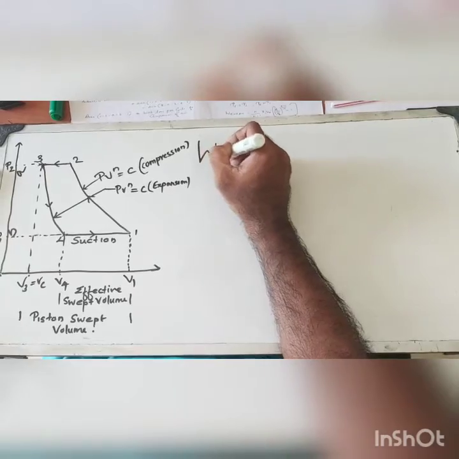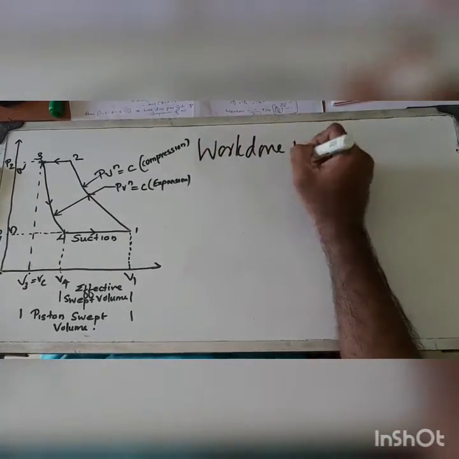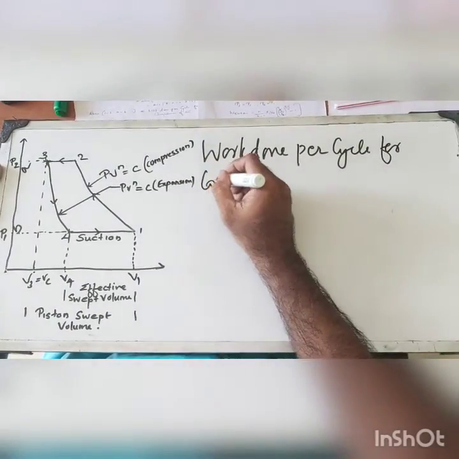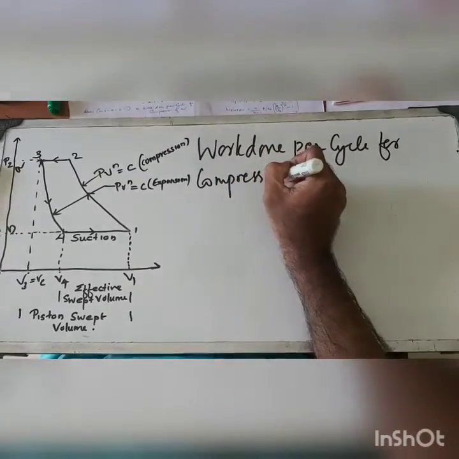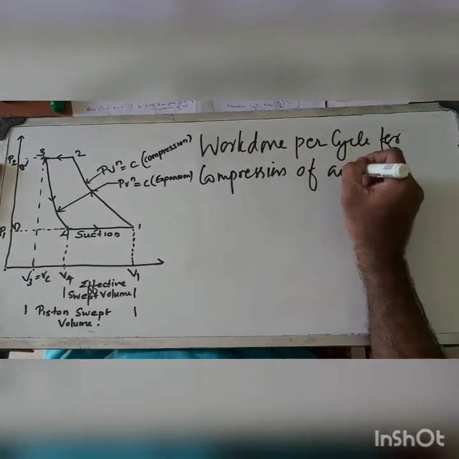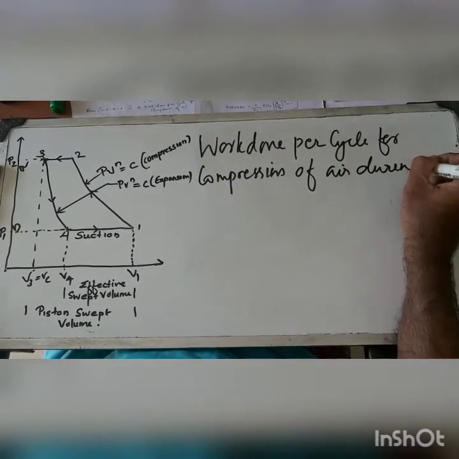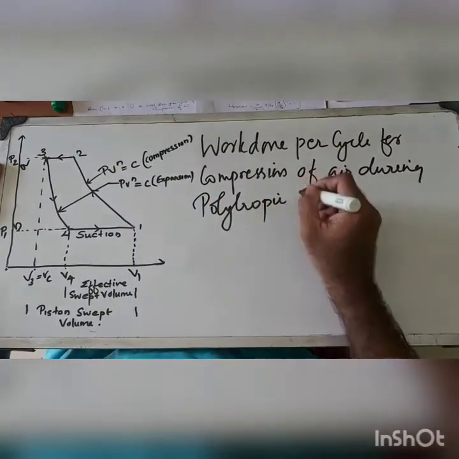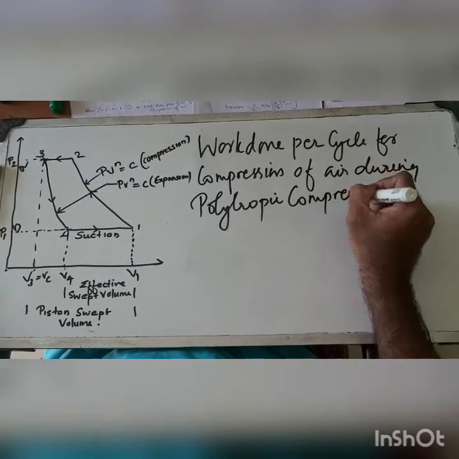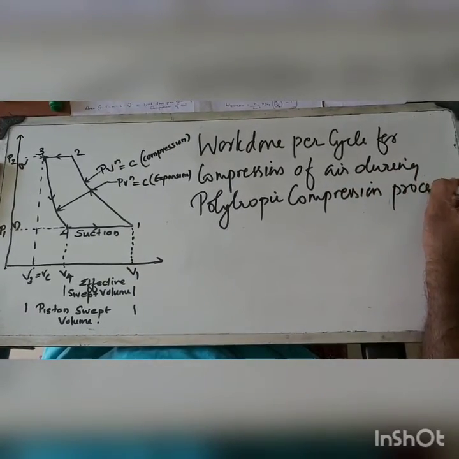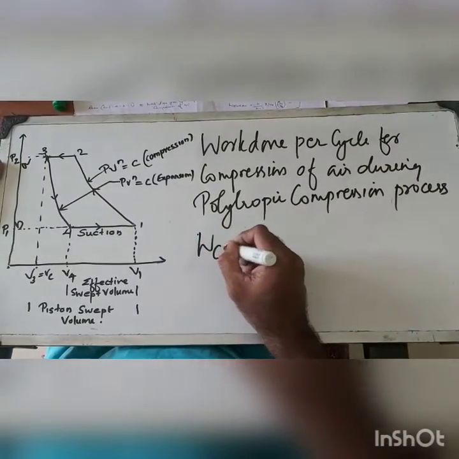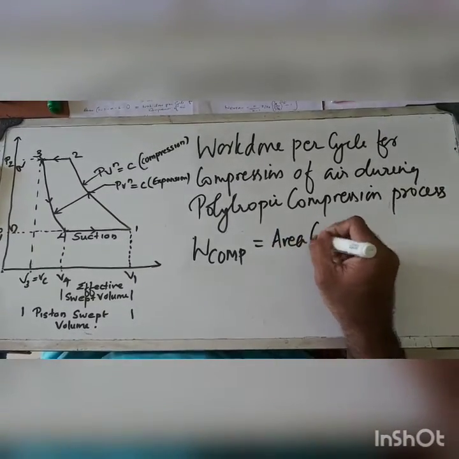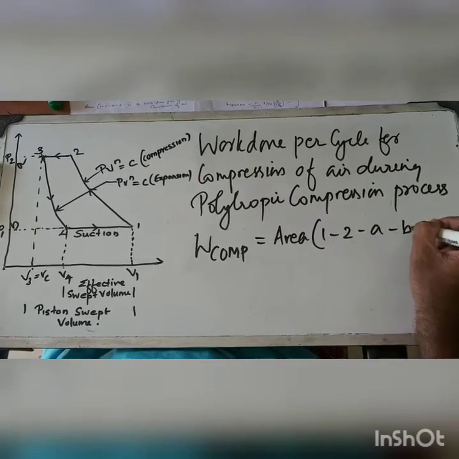Now work done per cycle for compression of air during polytropic compression, work of compression, equals area 1, 2, A, B, 1.